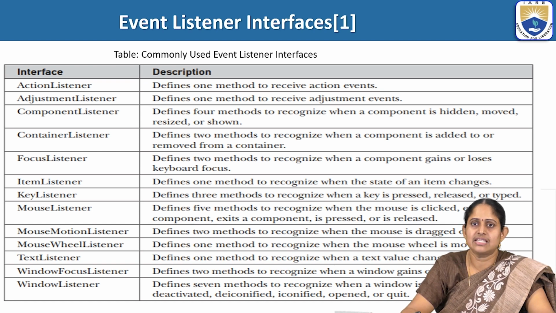The mouse wheel listener defines 1 method to recognize when the mouse wheel is moved. The text listener defines 1 method to recognize when a text value changes. The window focus listener defines 2 methods to recognize when a window gains or loses input focus. And the window listener defines 7 methods to recognize when a window is activated, closed, deactivated, de-iconified, iconified, opened, or quit.